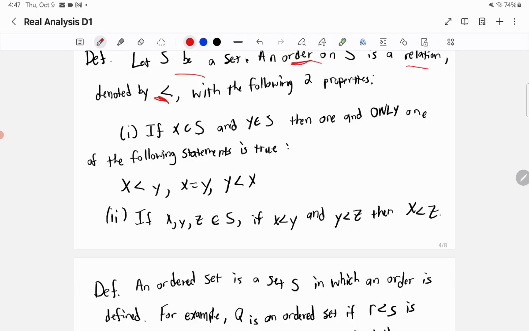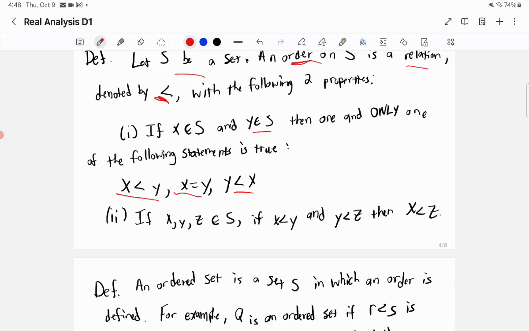If x is an element of the set S, and y is an element of the set S, then only one of the following statements can be true: either x is less than y, x is equal to y, or y is less than x. Only one of these can be true. You cannot have x less than y and also equal to y; it cannot be both at the same time.